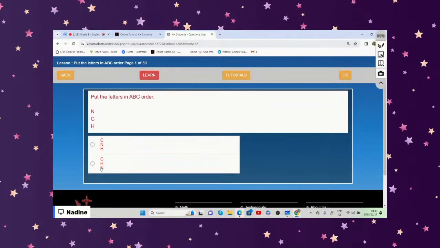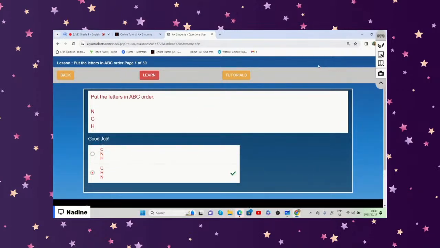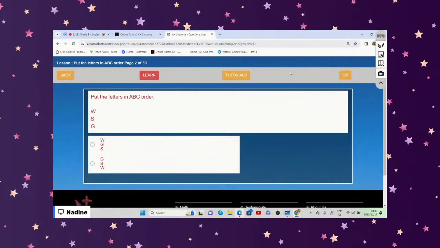So we need to put N, C, and H in order. In ABC order, we start with C, then H, and then our last letter is N. So it's C, H, N. We basically just go according to the alphabet. And C, H, N is correct.